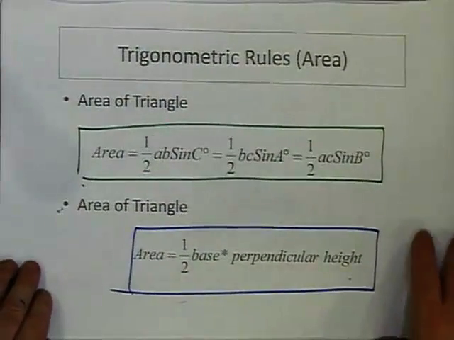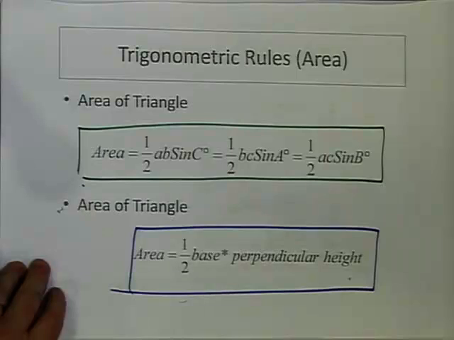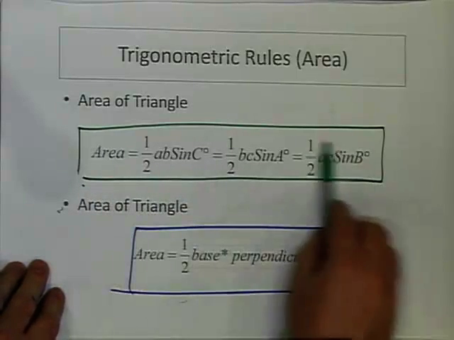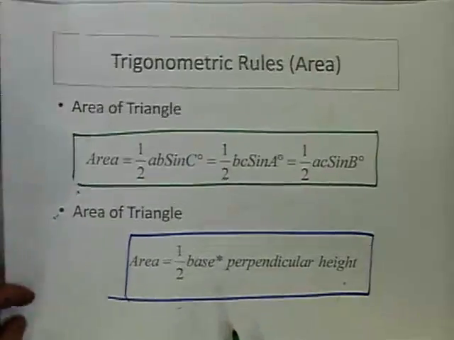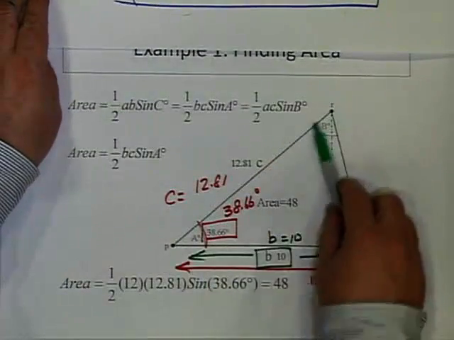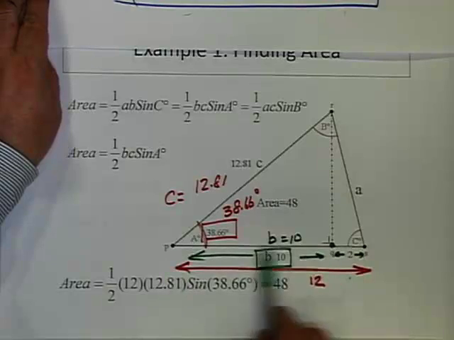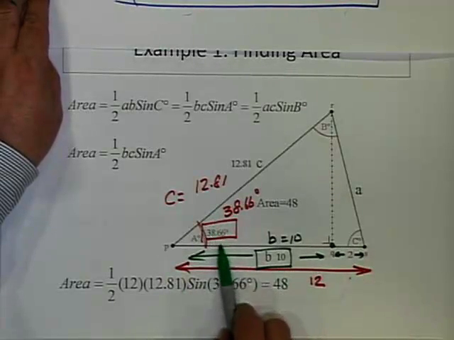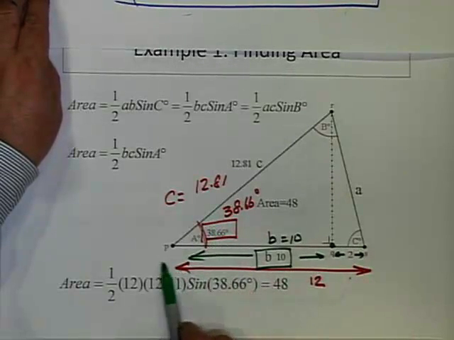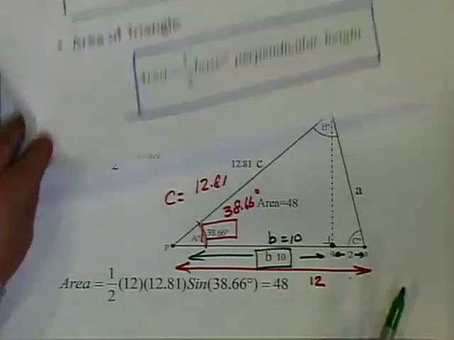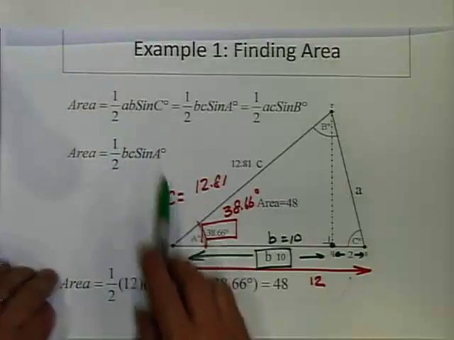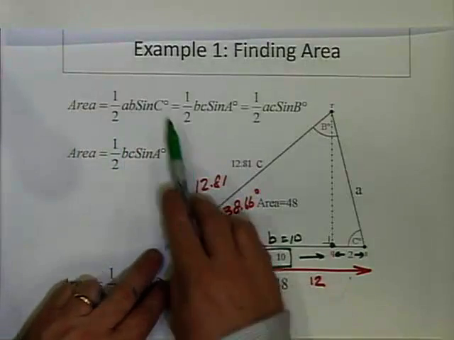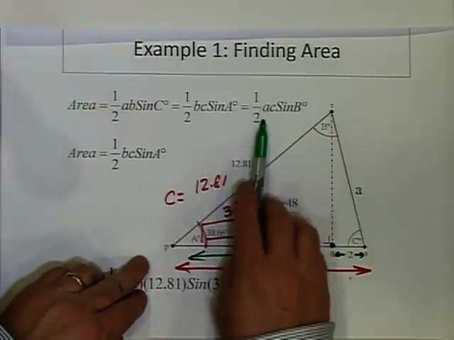Which of the tools in your toolbox do you use? Do you know 2 of the sides and the angle in between? Do you know the length of side C and the full length of this one and the angle in between? You do, I think, don't you? So the whole area is given by a half of, well, do I use AB sine C, BC sine A, or AC sine B?